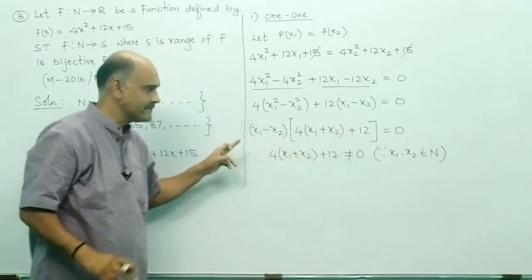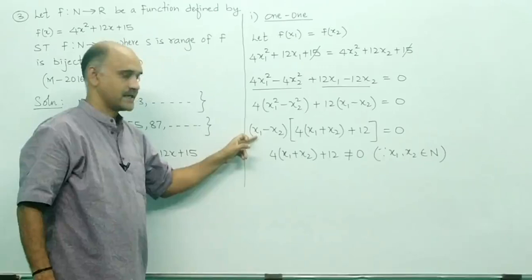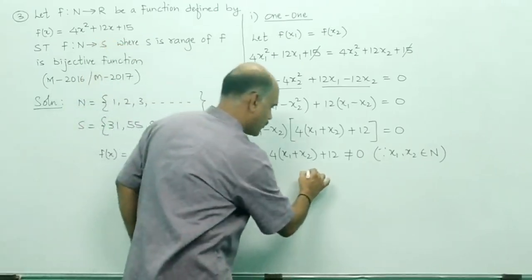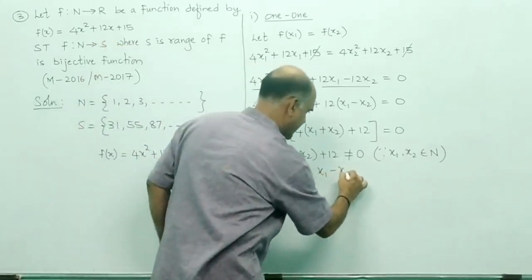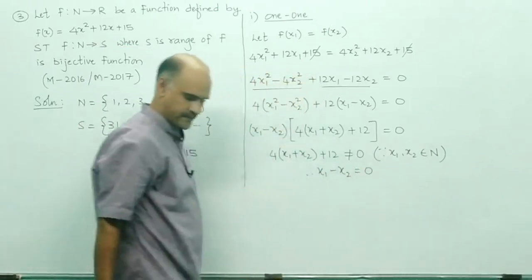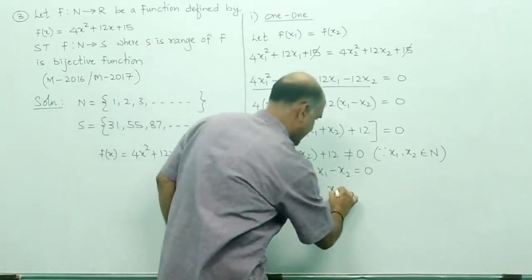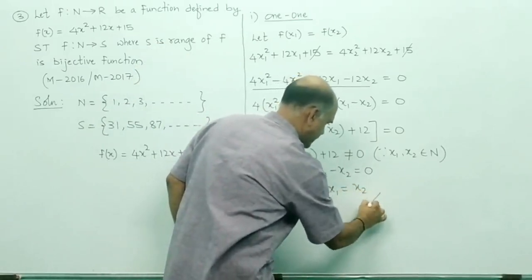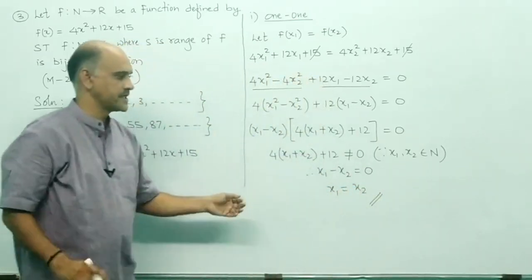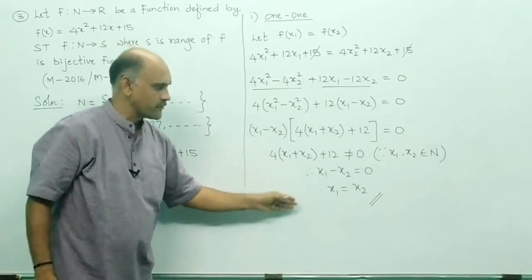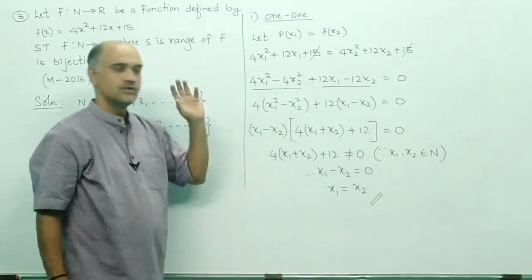Which one must be 0? x1 minus x2. So therefore x1 minus x2 is equal to 0. If you take x2 to the other side, you will have x1 is equal to x2. Therefore the function is one-one. Therefore you can write f of x is one-one.